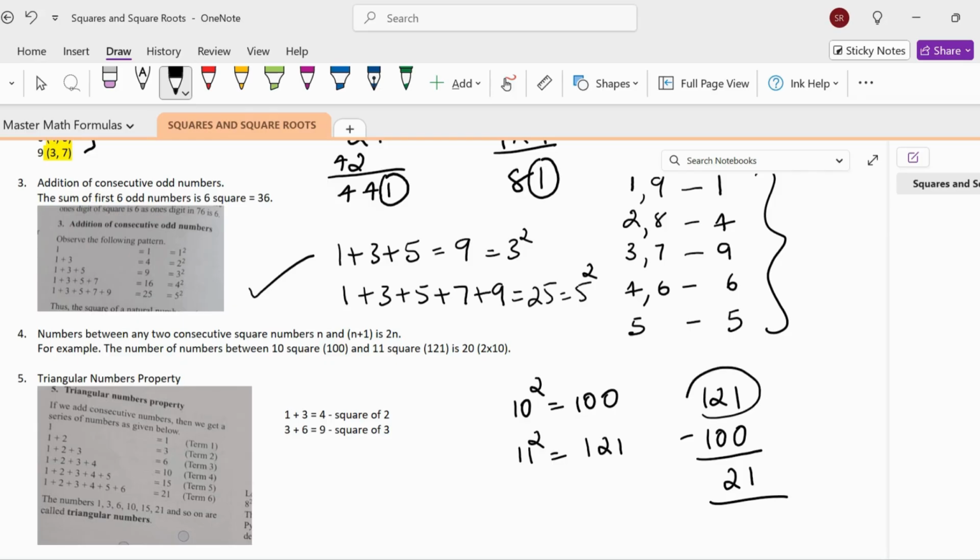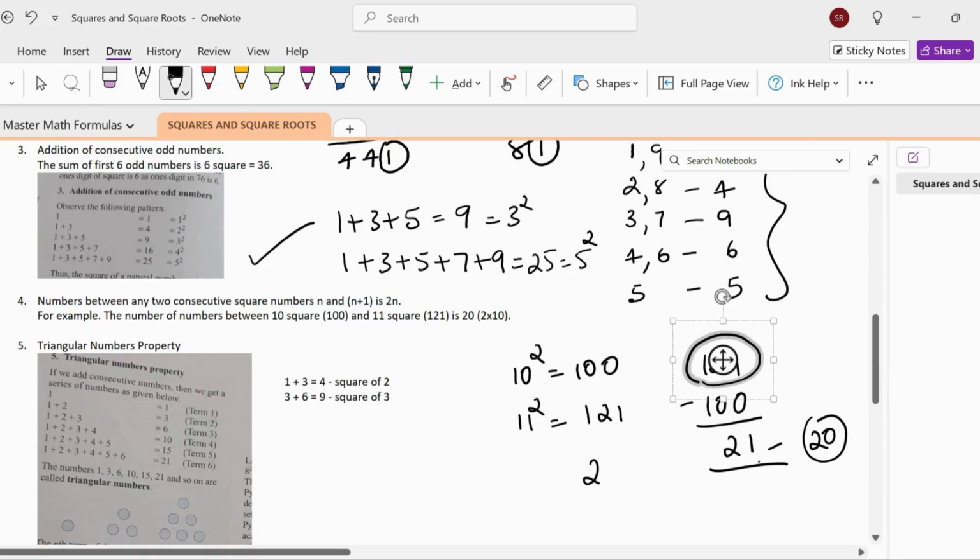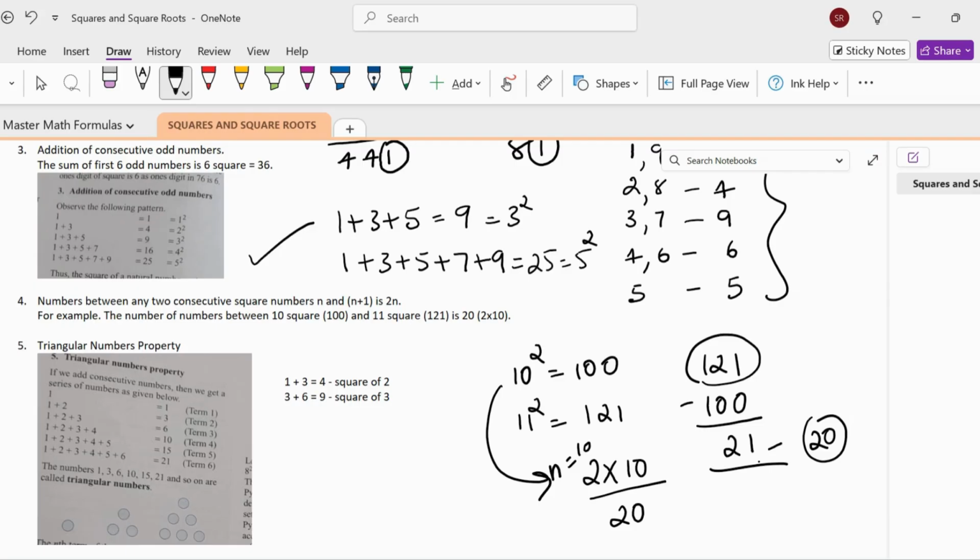Do not include 121. That's why it is 20 and not 21. So the number of numbers between two consecutive square numbers is 2n, which is 2 into 10. This is your n. N is 10. 2 into 10, which is equal to 20.